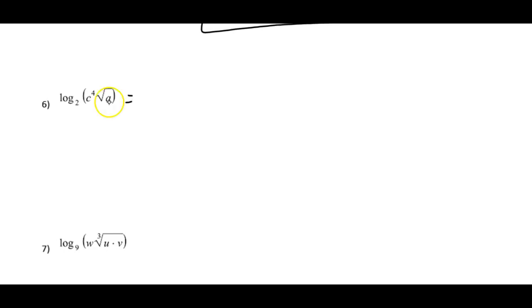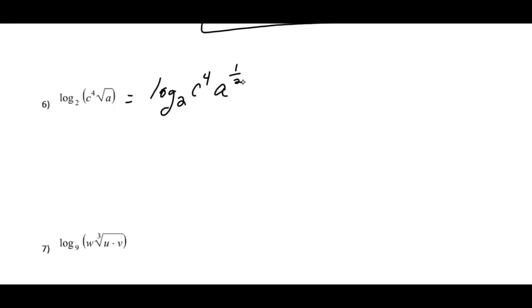So we need to rewrite this square root of a. So this is going to be log base 2 of c to the 4th. And remember, whenever you have roots, it's the power over the root whenever you're dealing with these radicals. So this is a to the 1/2 because a was to the first power and it was the square root.